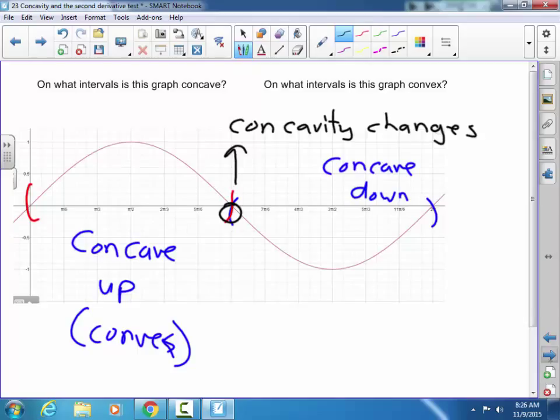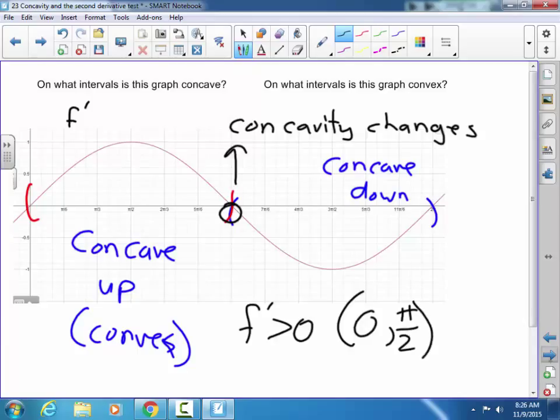Okay, so f prime, let's write it down here. F prime is greater than 0 from here. Is that what you're talking about to here? From 0 to pi over 2. And then from here to here. Now, I'm going to ask you a similar but different question.